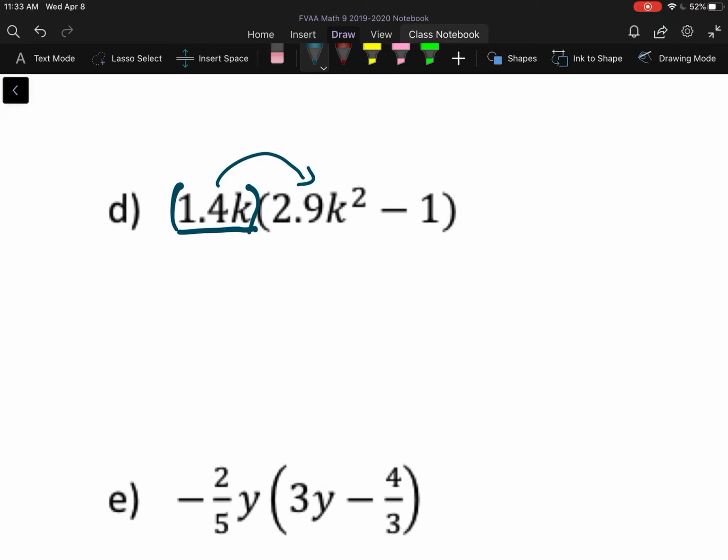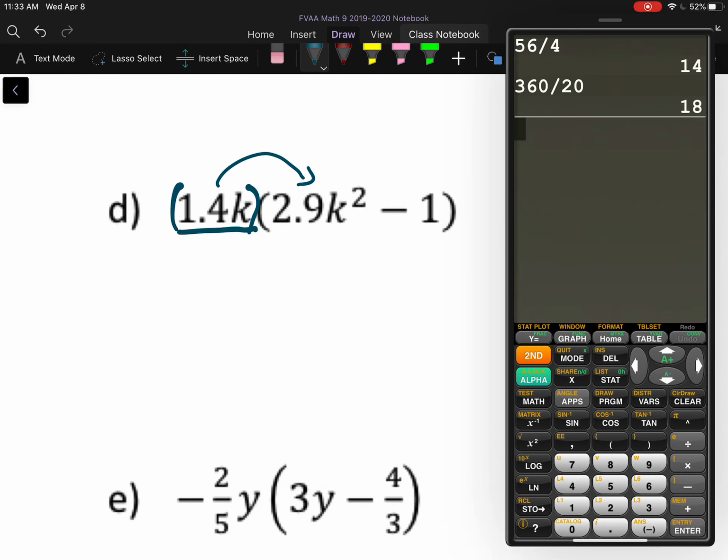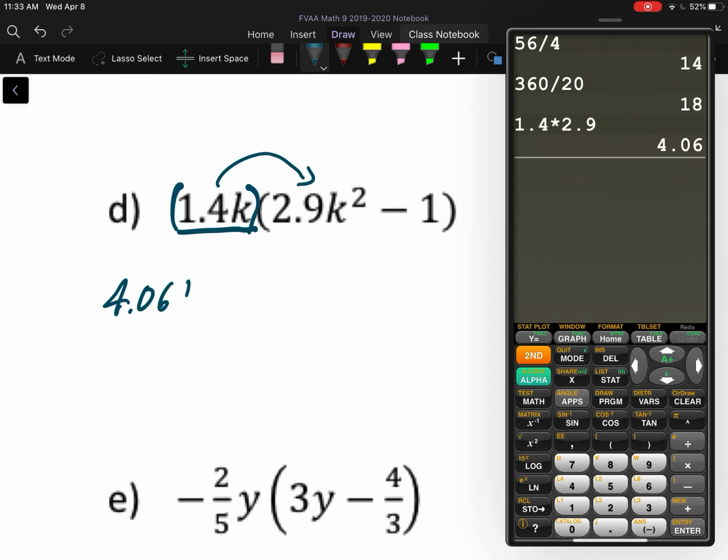And so 1.4k times 2.9k squared, so the 1.4 times the 2.9 gives me 4.06, and then k to the 1 times k to the 2 gives me k to the 3, and then 1.4k times negative 1 gives me negative 1.4k. That would be my final answer.